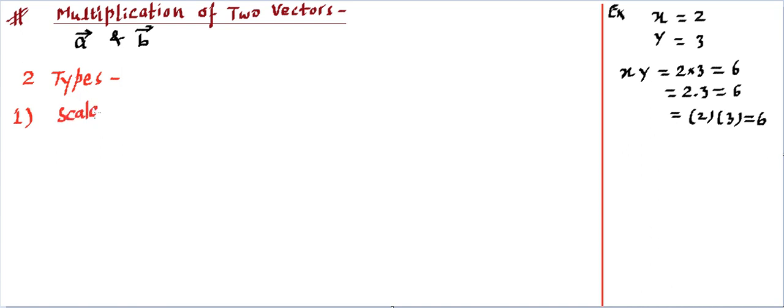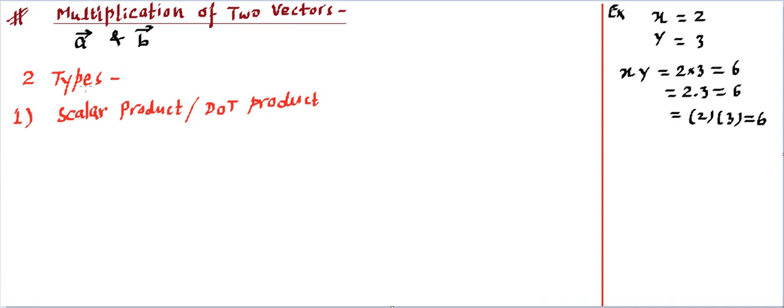We need to take care of the nomenclature that we are going to use. We will say it's a scalar product, which is also known as dot product. In case of scalars we used terms like multiplication, 2 into 3, 2 multiplied with 3, or 2 product with 3.